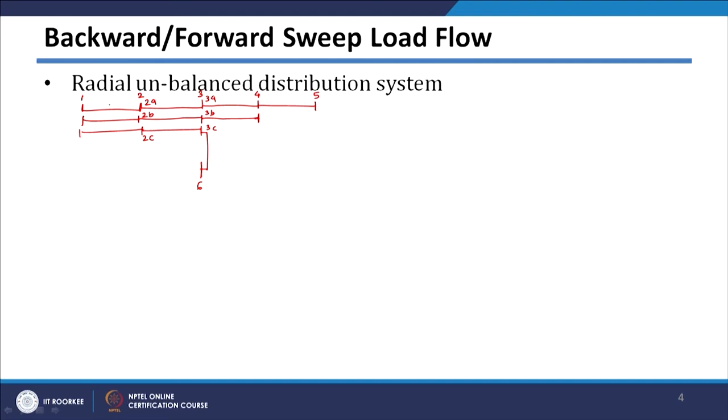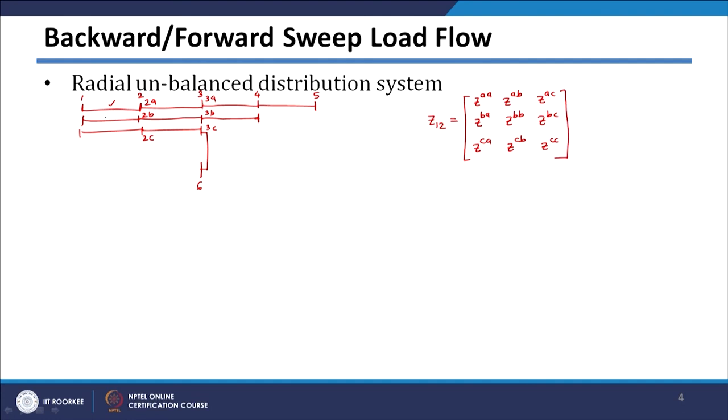Now, if you see the impedance matrix Z12, it will actually be 3 by 3, because all the 3 phases are there, and all the 3 phases are mutually coupled with each other. So it will have ZAA, ZAB, ZAC, ZBA, ZBB, ZBC, ZCA, ZCB and ZCC, which are the impedances of, or the impedance matrix of, all 3 phases.